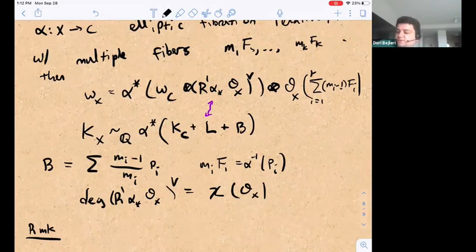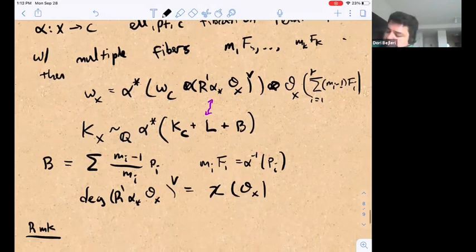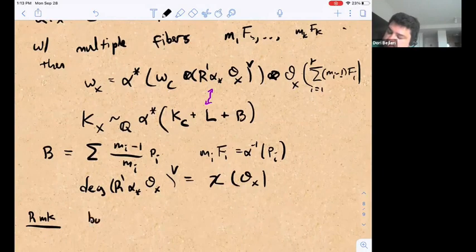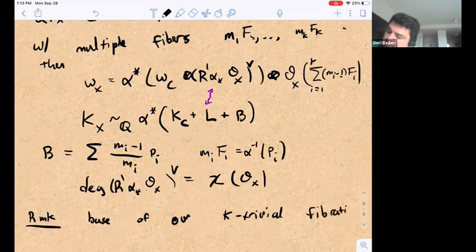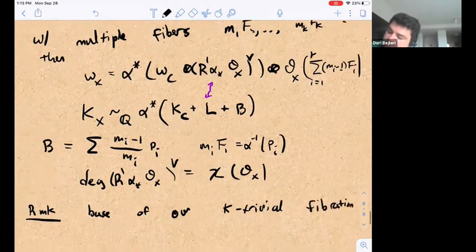The extra data of these two divisors, L and B. So it tells us that the base of our K-trivial fibration is not just a curve, but is actually a pair of a curve C and this divisor of the form L plus B.